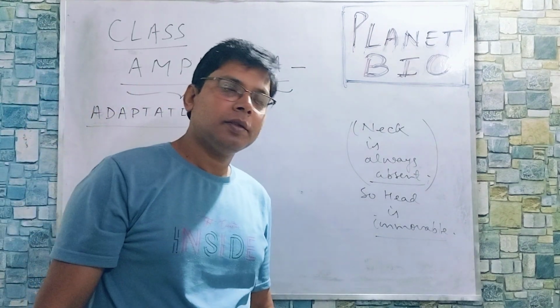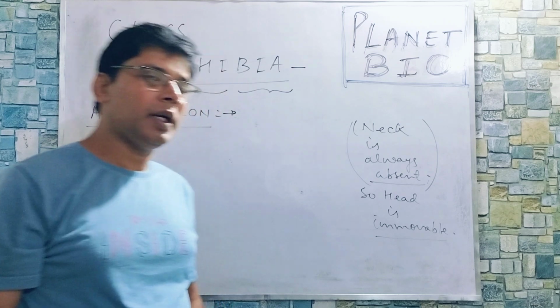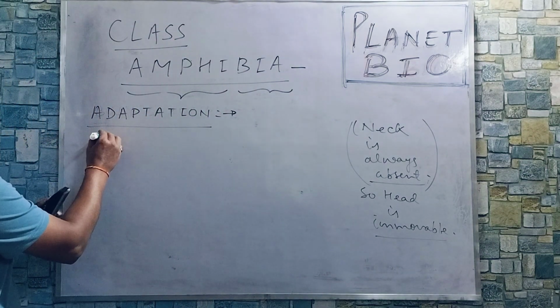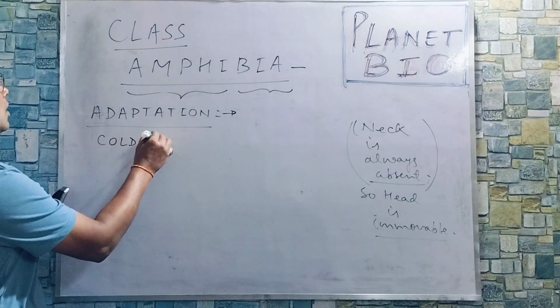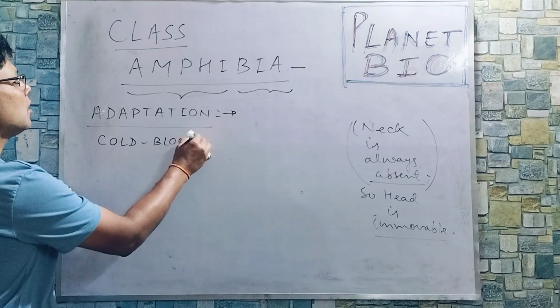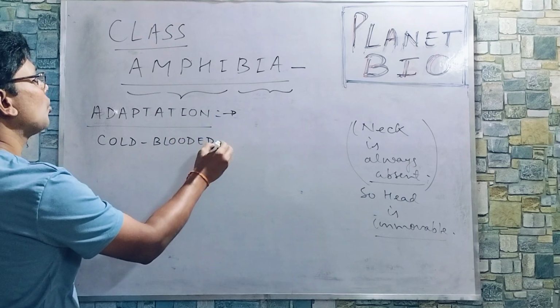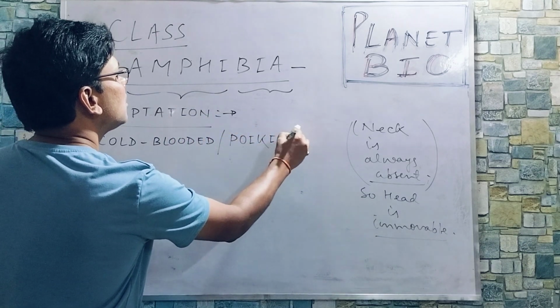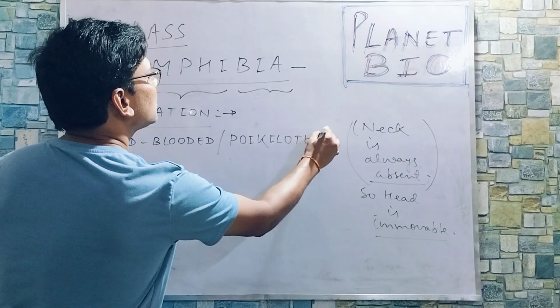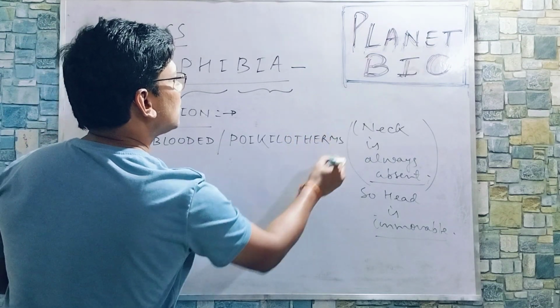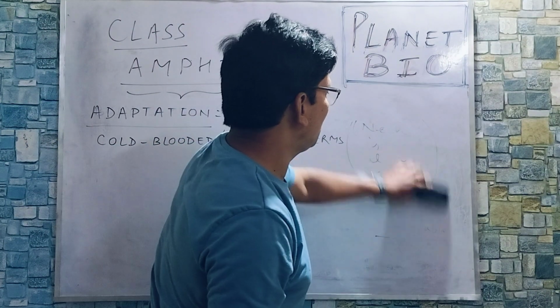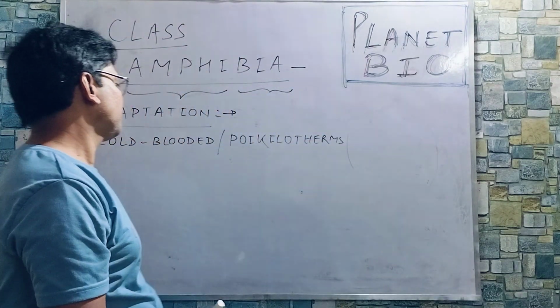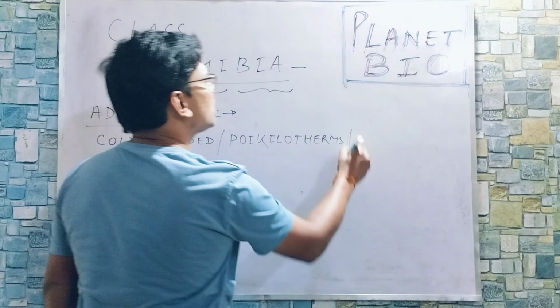As amphibians are cold-blooded animals, cold-blooded means poikilotherms, or you can say ectotherms.